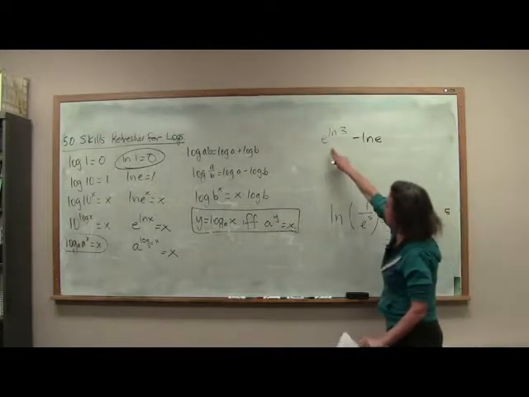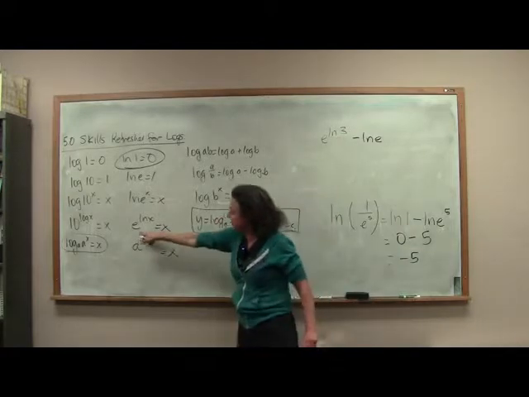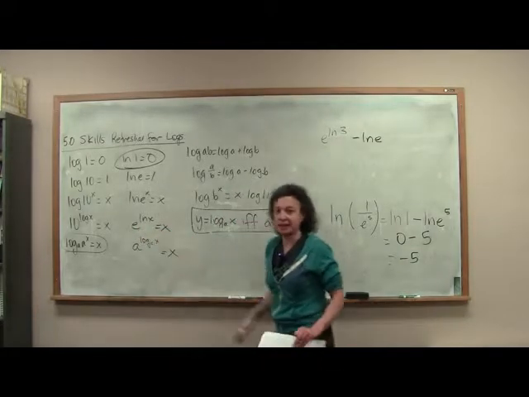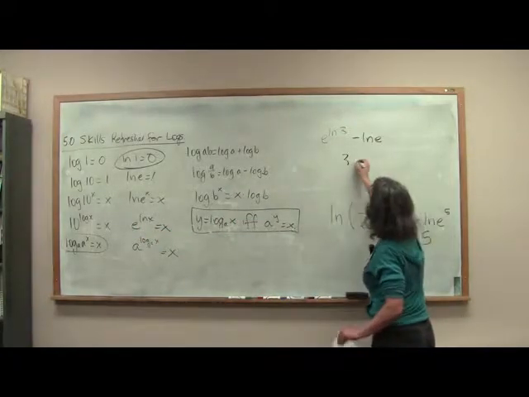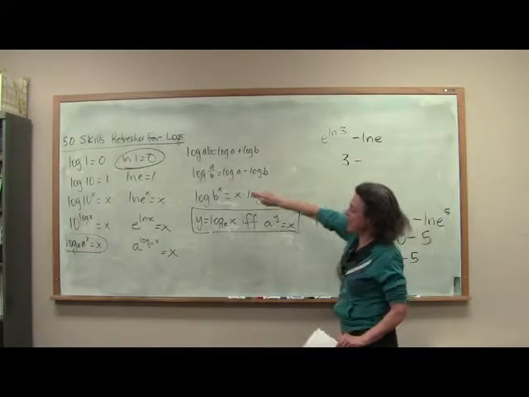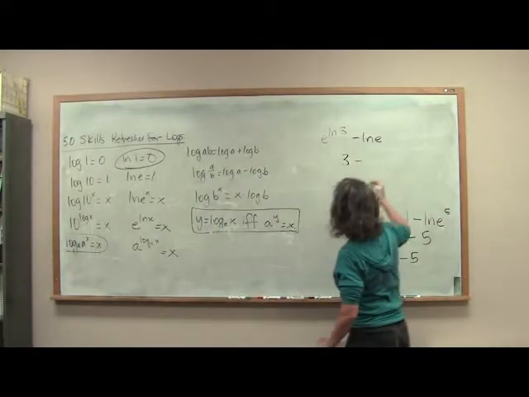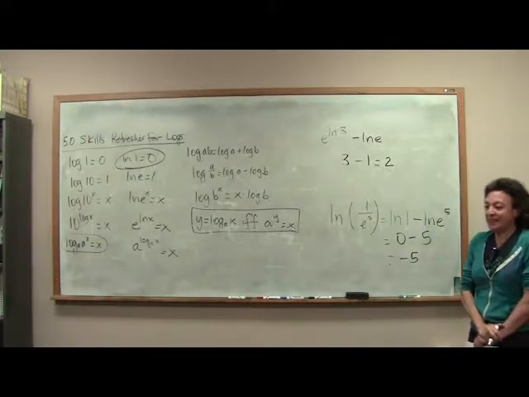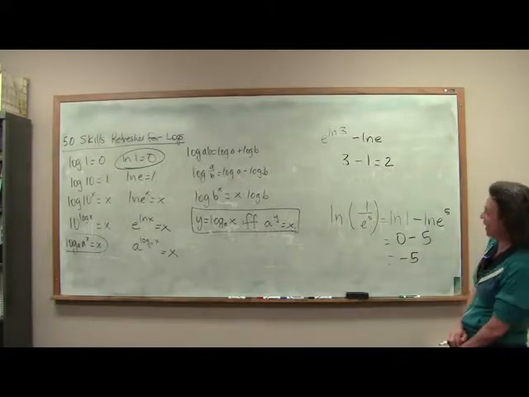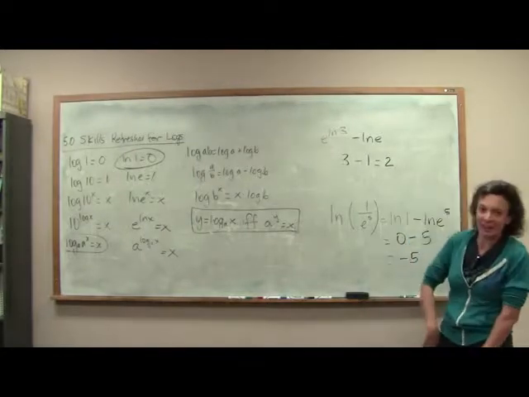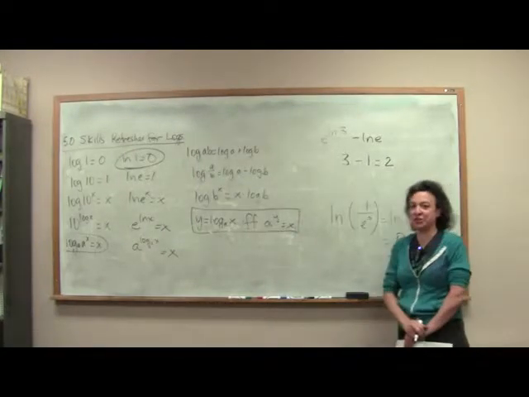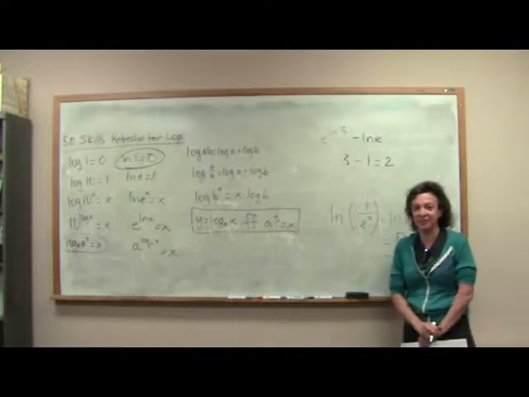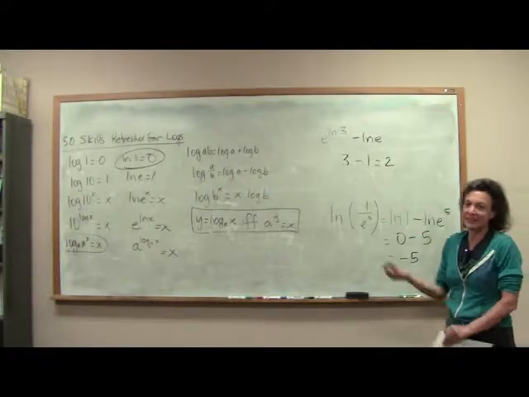Well, what is e to the log of 3? E to the log of x is x. So we get 3. What is the natural log of e? That's 1. So we get 2. I guess it could be kind of a dorky way of saying, hey, I've got $2 in my pocket. You could say, I've got e to the natural log of 3 minus the natural log of e dollars in my pocket.